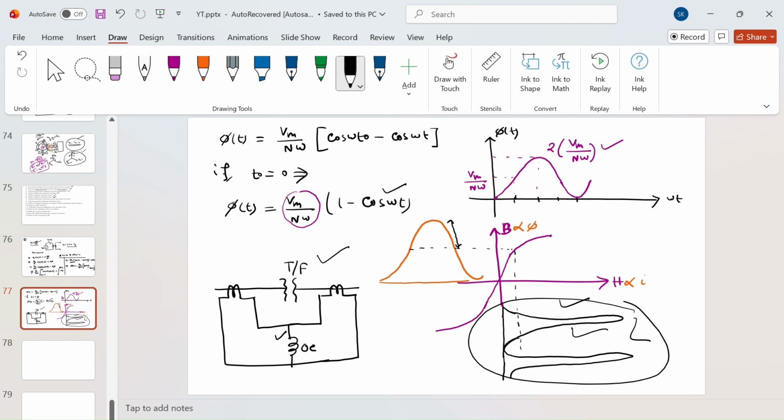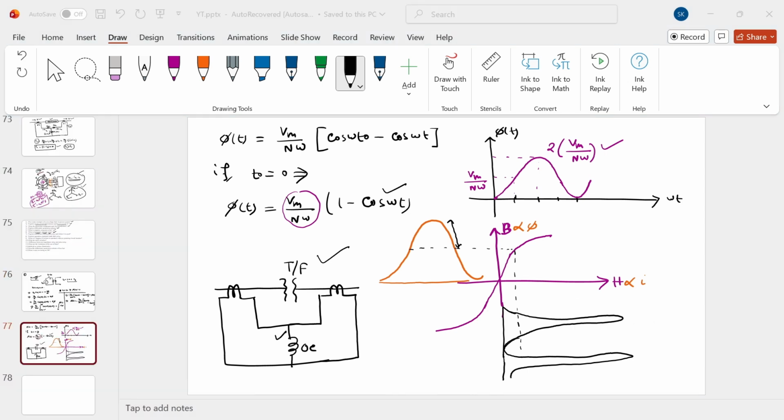But again, we can do something with the help of a harmonic restraint relay. If you see the nature of this current, and write the Fourier series expression for this inrush current, let's say I am considering this as my origin, just a random origin. This placement doesn't affect the harmonic analysis; instead of cosine, you may get sinusoidal terms.